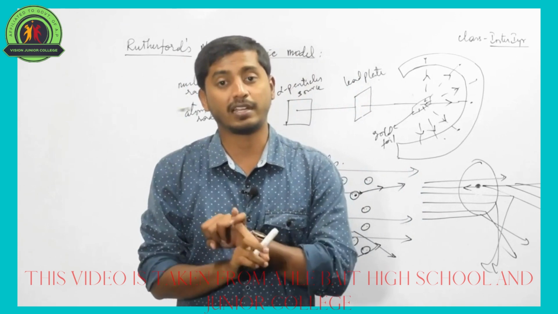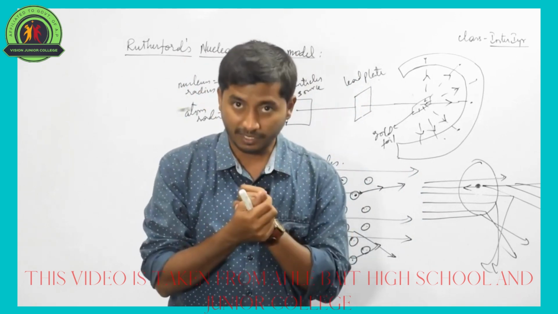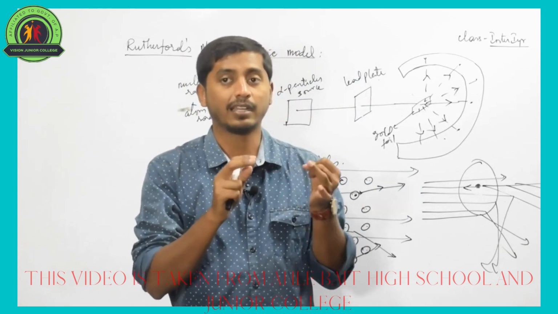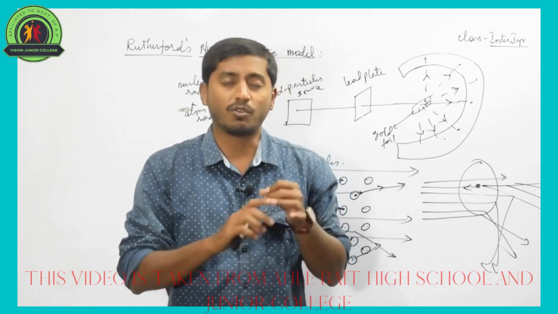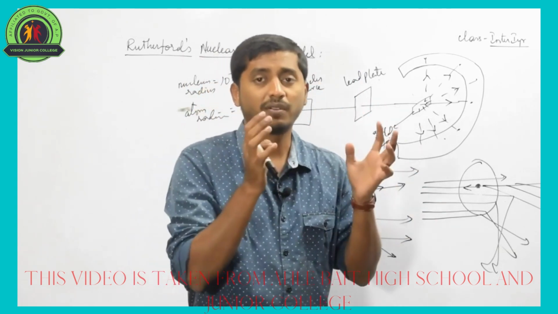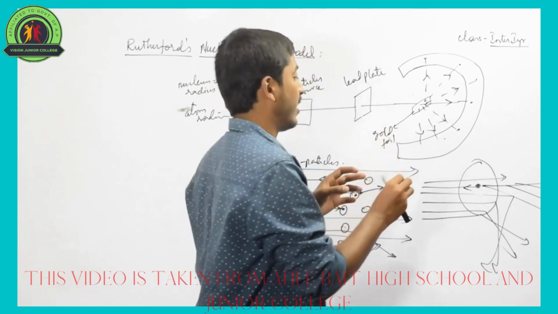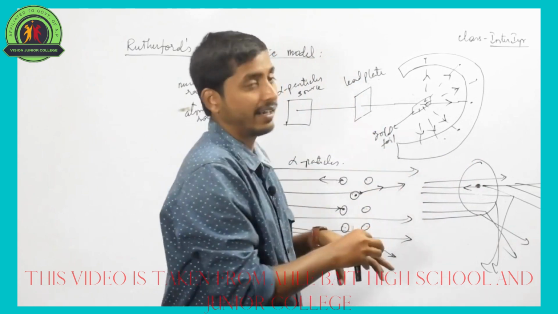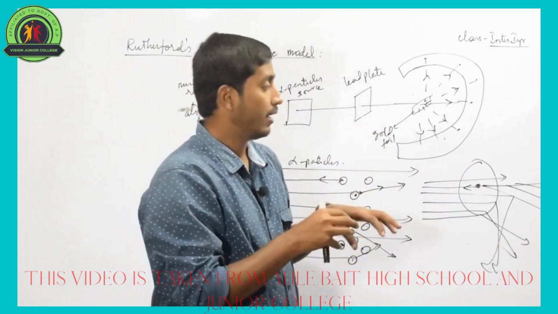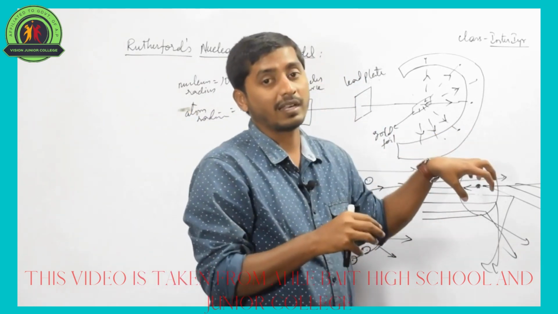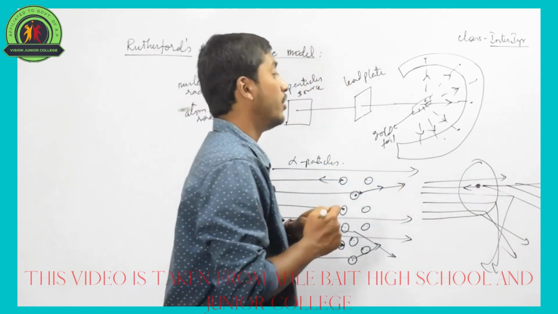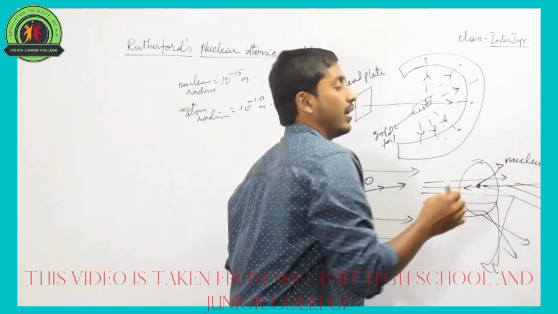Then the first postulate is that the positive charge and most of the mass of an atom is completely concentrated in a small portion of an atom. He is not telling that it is at the center, right. That particular small portion of an atom, he defines as the nucleus, right.